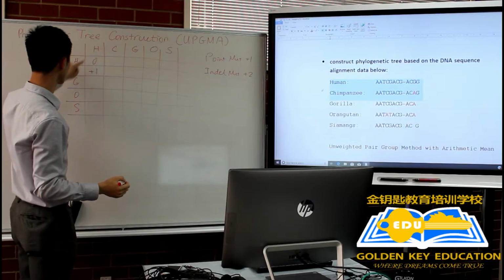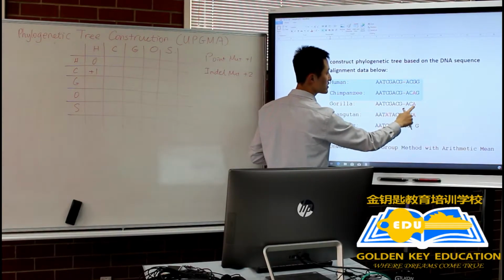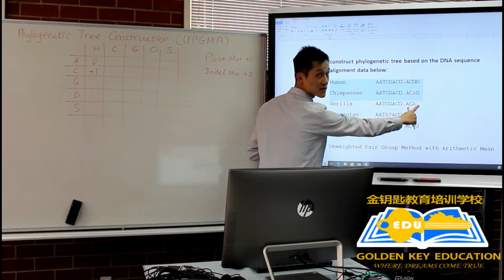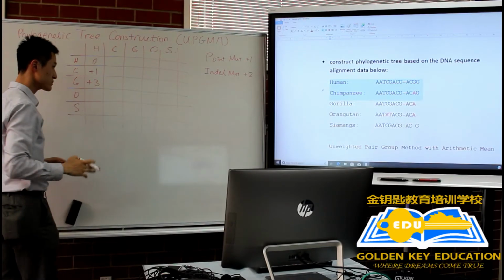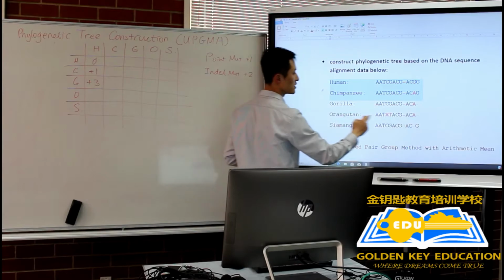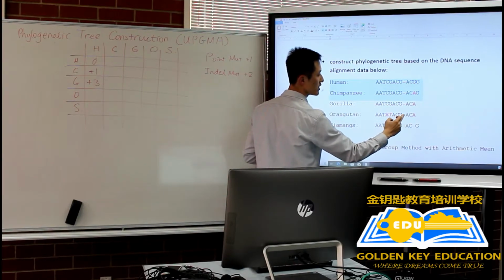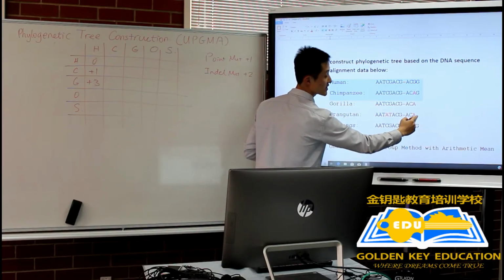And now we're comparing human to gorilla, and this is +1, and that's +2, so +3 in total. And then human to orangutan, we have +1, 2, 3, 4, 5, 6, and 7.